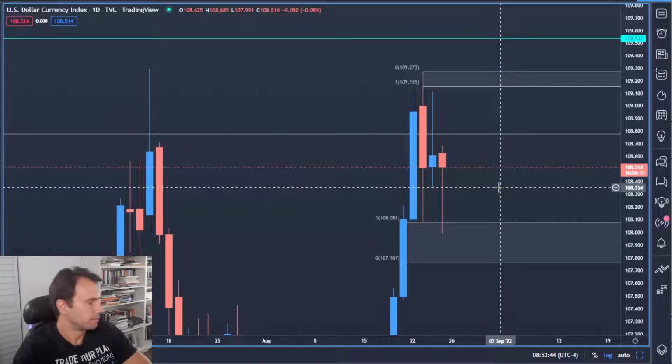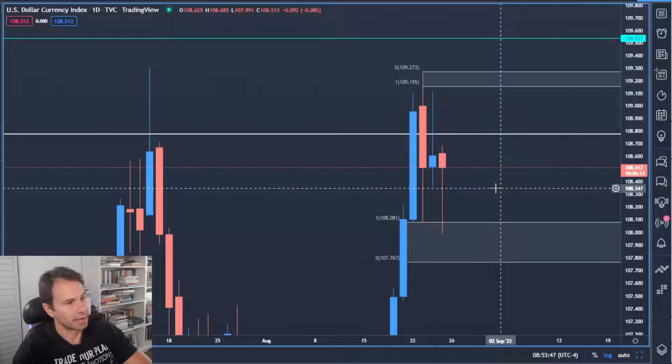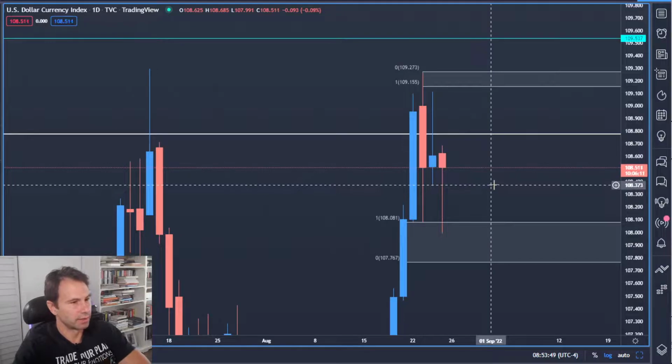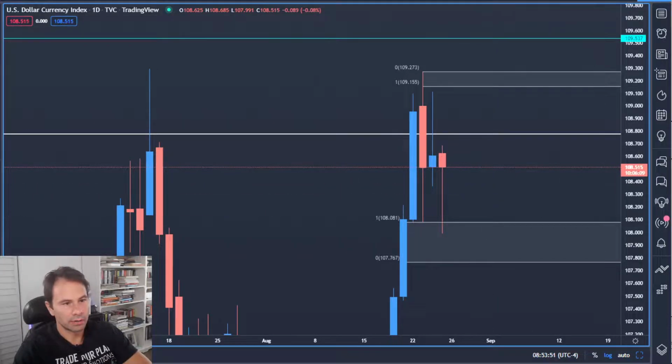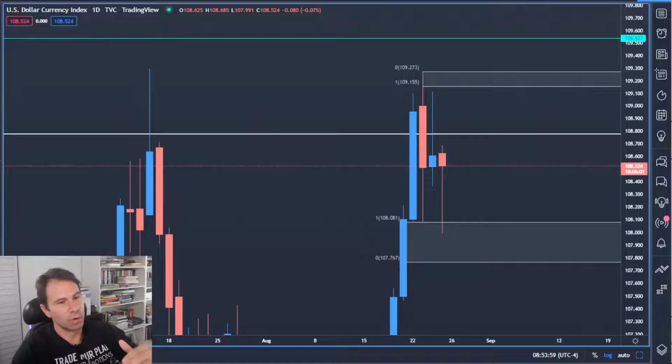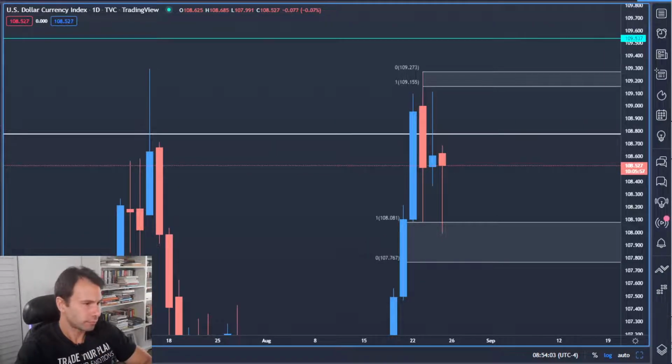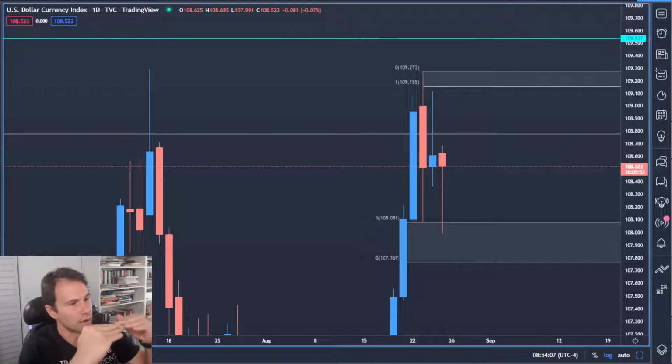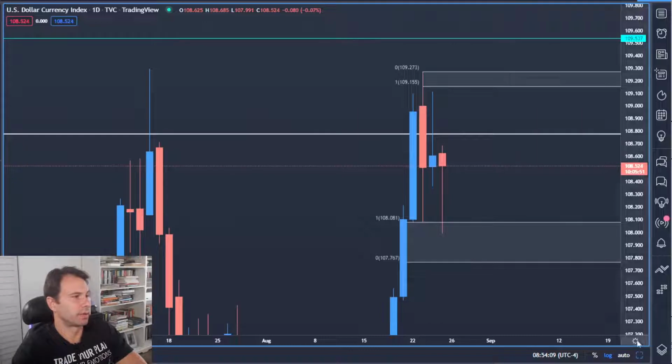The theory and logic behind that is that when the dollar is getting stronger, the value of things tends to go lower, right? With a strong currency, it's not the same level of value, and that's what it means.